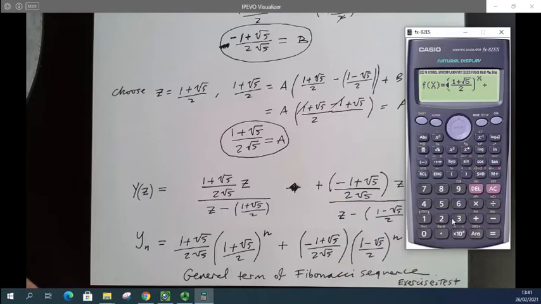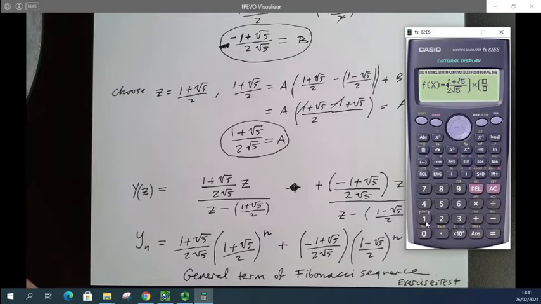So now plus, pretty much something similar here. I'll put another bracket in here, put in my fraction, minus 1 plus root 5 over 2 root 5, close my bracket, multiplied by, now open up the bracket, this one's going to be raised to a power again.